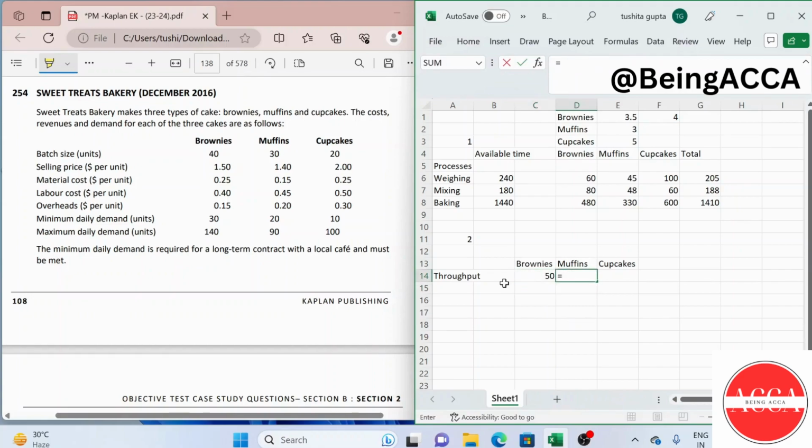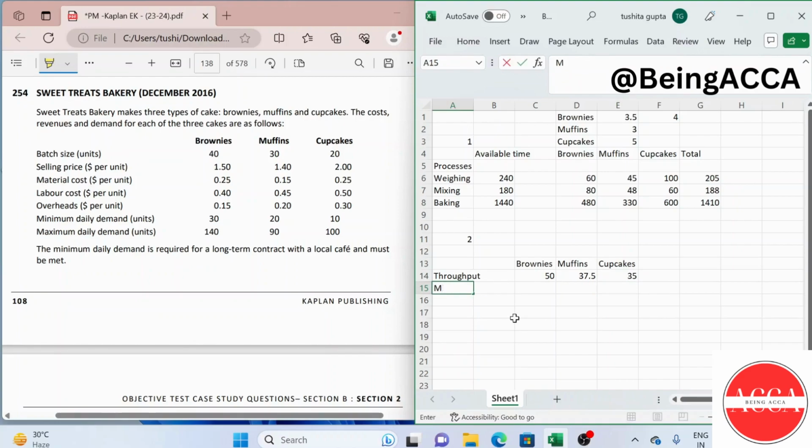So this means I am earning a throughput of $50 per batch of brownies. Now again similarly for muffins, it is 0.15 multiplied by 30, which is the number of units in one batch. Then going to cupcakes, this is 2 minus 0.25 and multiplying this by 20. So this is the throughput that I'm getting from each of these 3 products.